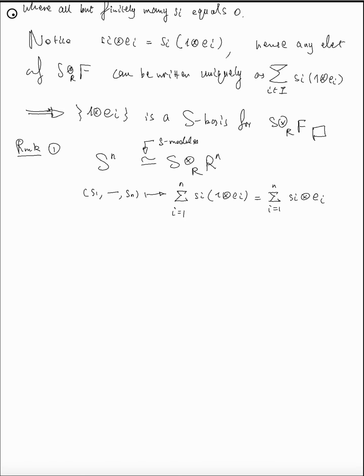Obviously there is a bijection and it's an S linear map. Okay, so secondly, as a more concrete example, you have very quickly things like this, a C vector space.